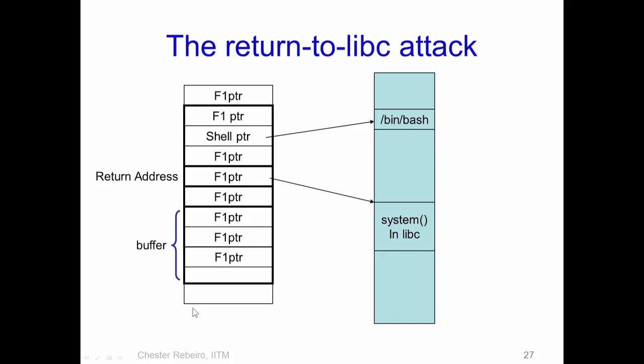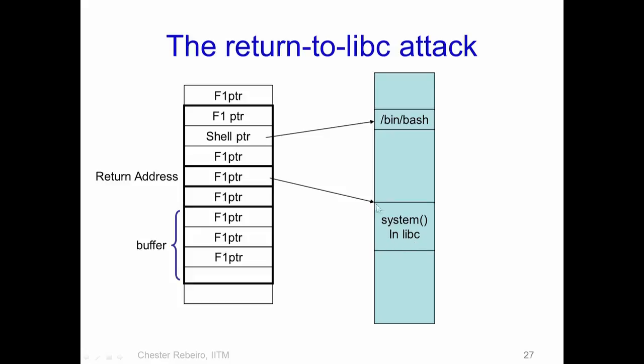/bin/sh. So, what is typically done is to have a stack frame something like this, where the valid return address is replaced by F1 pointer, which is a pointer to the system function which is present in Libc. And if your program uses the dynamically linked library Libc, then such an address will be valid.